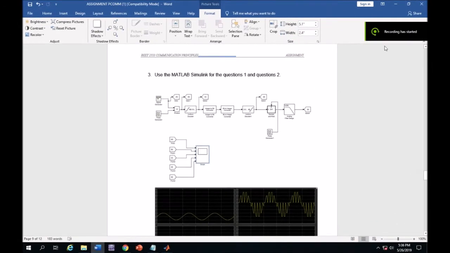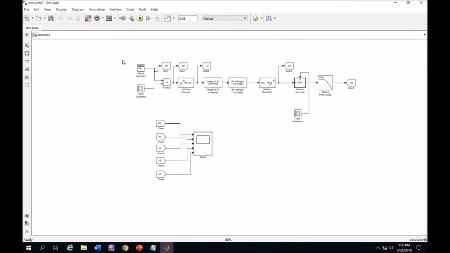Okay, question 3 is to use the MATLAB Simulink for question 1 and question 2. Okay, first we use MATLAB Simulink. This is the MATLAB Simulink. We use signal generator, pulse generator, product, encoder, integer to bit converter, bit to integer converter, decoder, sample and hold, analog filter design.